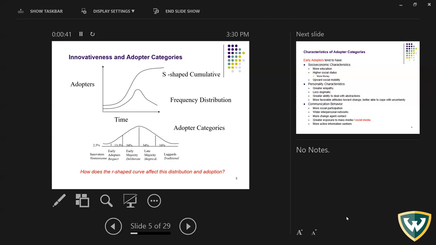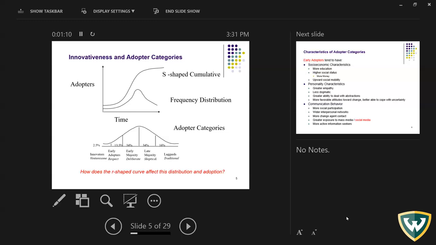So again, we're going to talk about the fact that a lot of adoption, not all, and we've talked about the convex or the R-shaped curve, which is a more dramatic level of diffusion, much quicker diffusion. This is a more normal S-shaped curve. And then when you look at the frequency distribution, which is where those adopter categories fall, it is a relatively normal distribution.